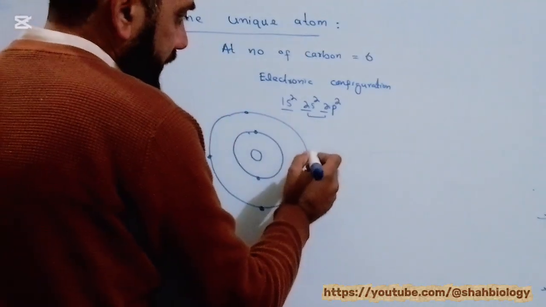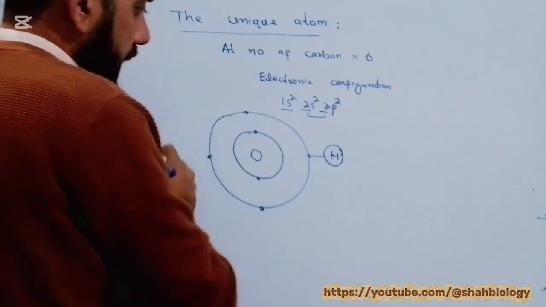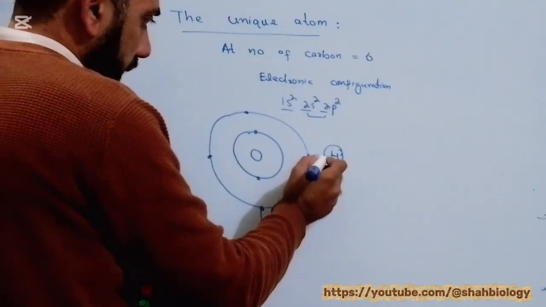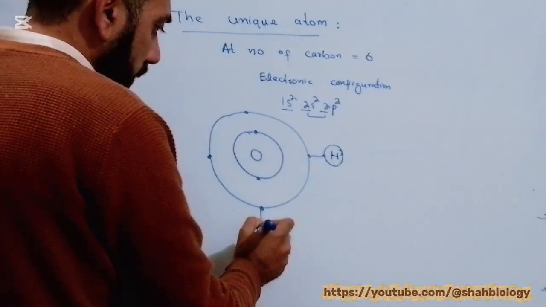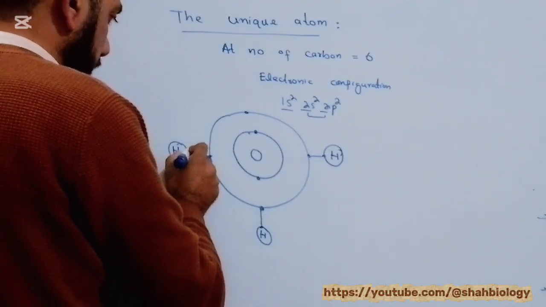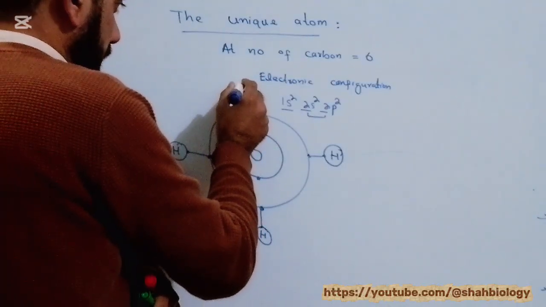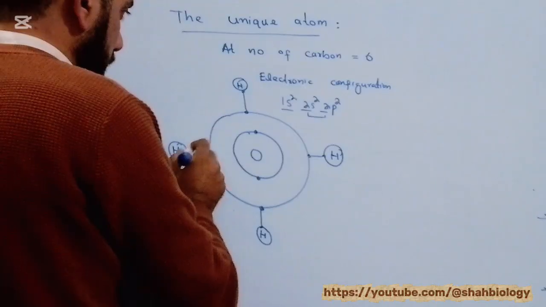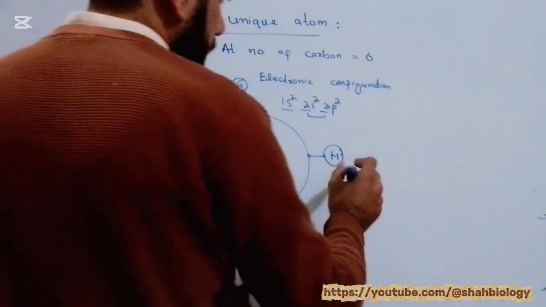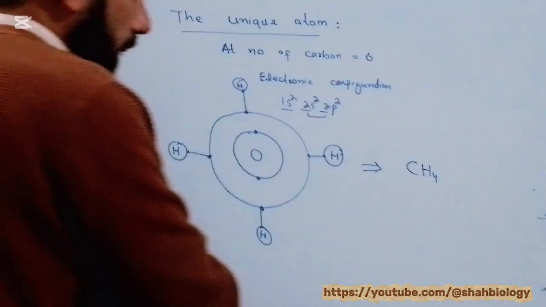So what happens here? One hydrogen atom is bonded here, and another hydrogen atom is bonded here, sharing their only electron, and another hydrogen atom too, each sharing its only electron. This is the formula CH4.